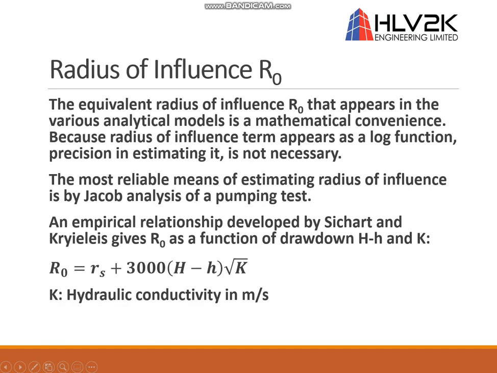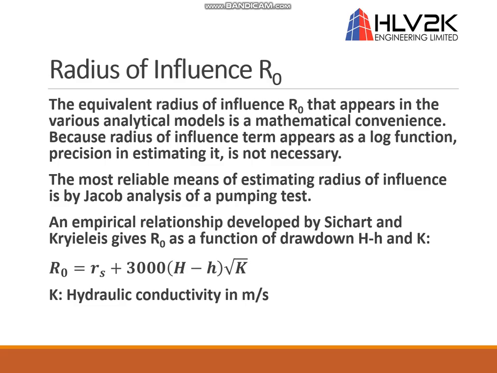We also need to estimate the radius of influence. The equivalent radius of influence that appears in the analytical models is a mathematical convenience, because the radius of influence term appears as a log function. Precise estimation is usually not necessary.